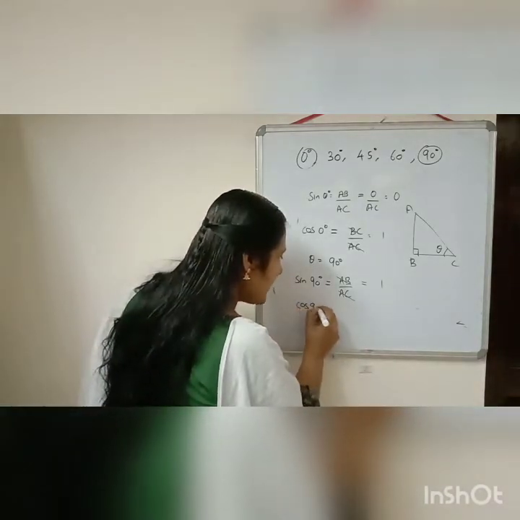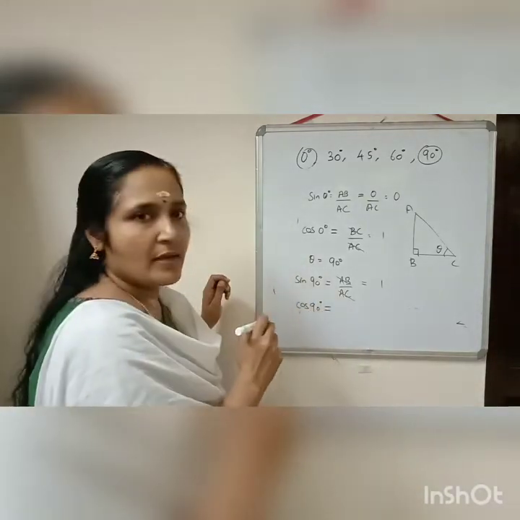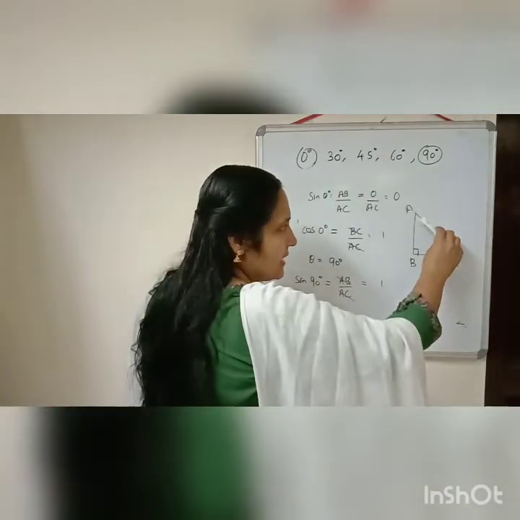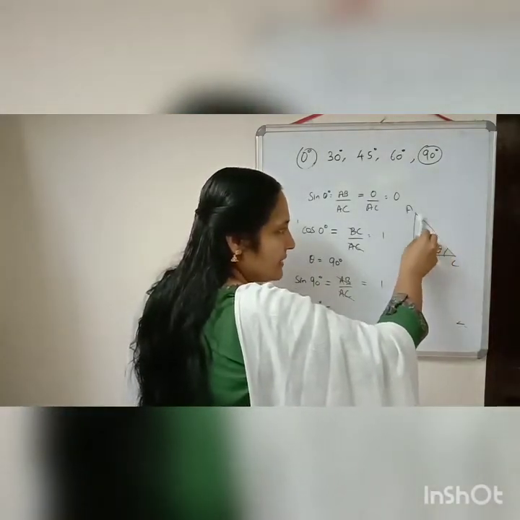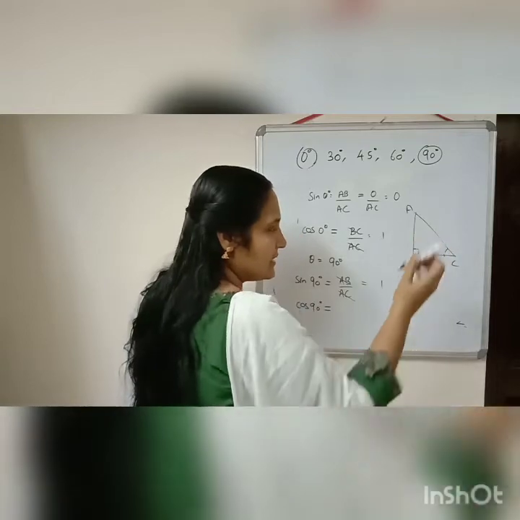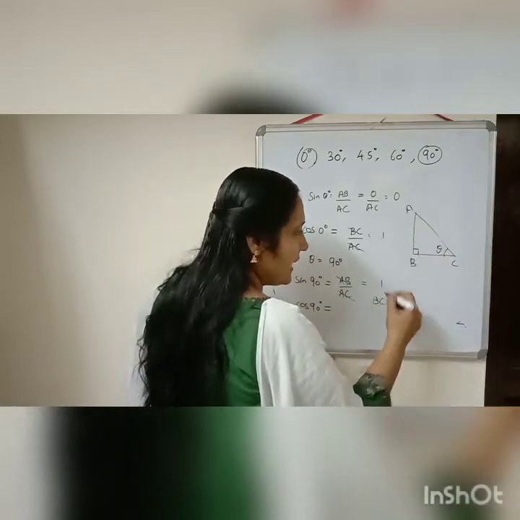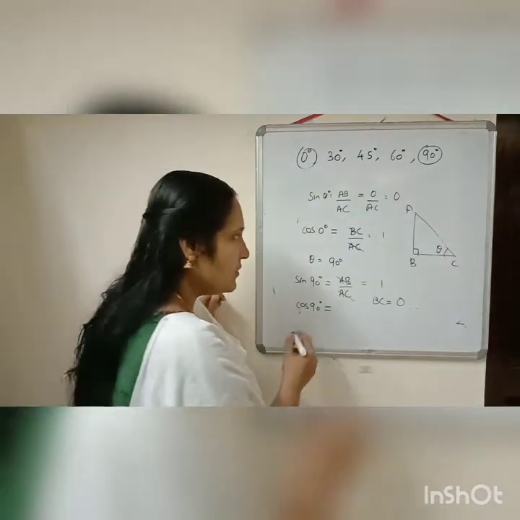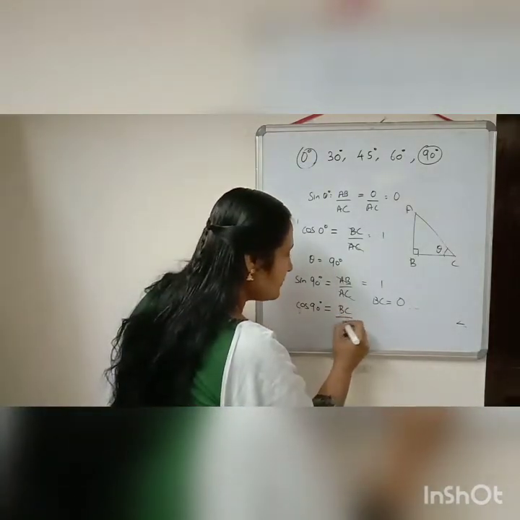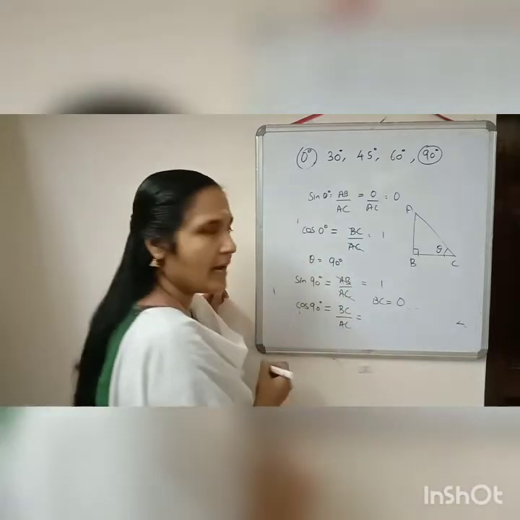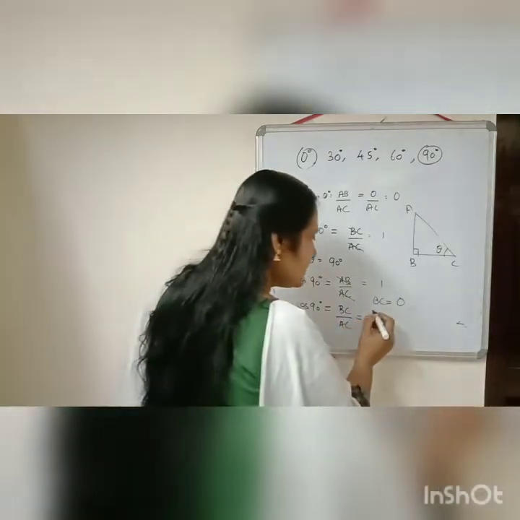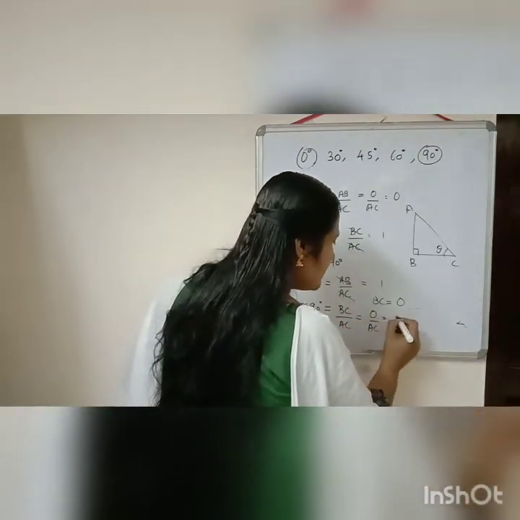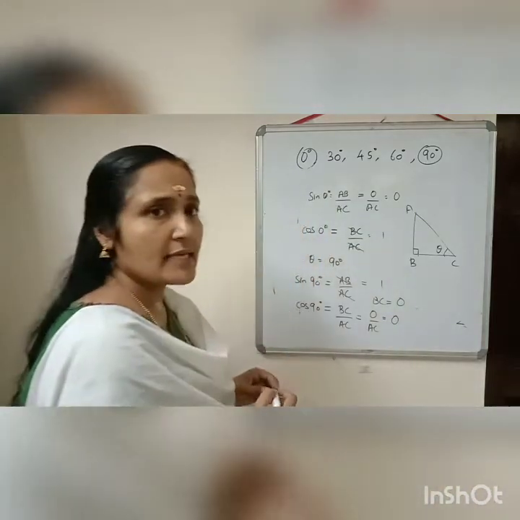Then cos 90 degree, again, we said B and C should coincide with each other, meaning BC length is not there. So we have BC is equal to 0. So cos 90 degree, according to the formula, will come BC by AC. And we know BC is equal to 0. So 0 by AC will give us 0.